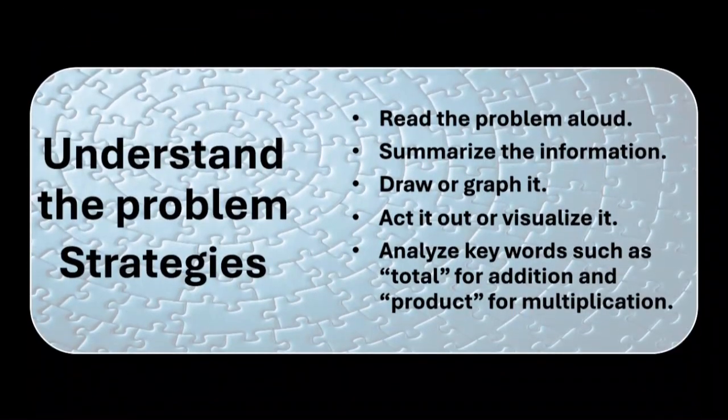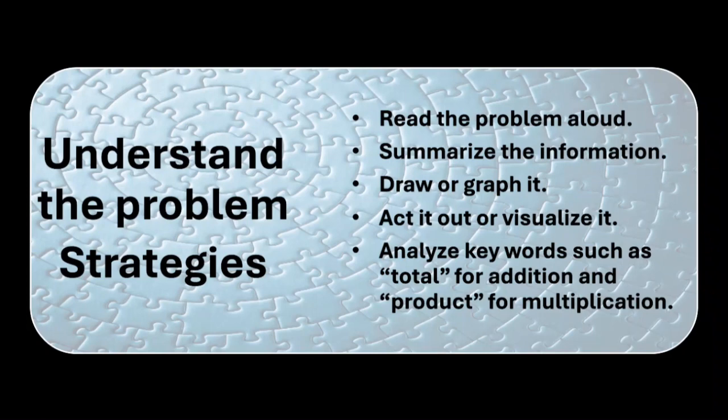Some strategies that we can use to better do this step are to read the problem aloud and summarize the information. That's kind of the same thing as cutting out the unnecessary words. You can draw or graph the problem. If it requires a graph, draw out the line, maybe just to figure out the slope.